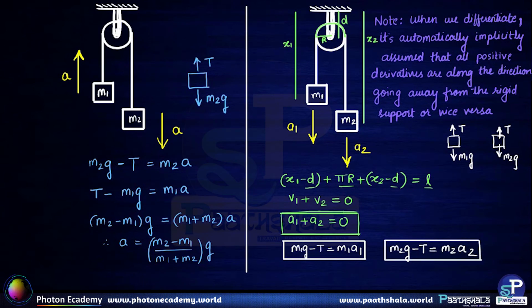These three equations are going to give us the very same answer that method 1 gave us. These three equations are nothing but the equations of method 1 when we put a1 equal to minus a2.